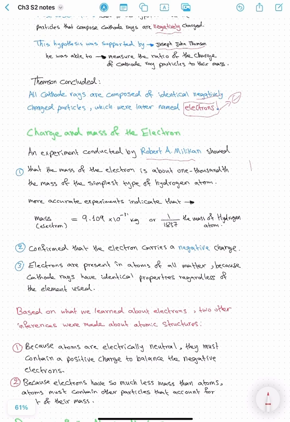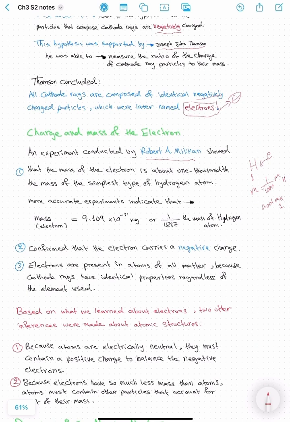The simplest element in nature is hydrogen, whose atomic mass is 1. If you compare the electron to hydrogen, you'll see that the mass of the electron is approximately 0.001 the mass of hydrogen, which is 1.